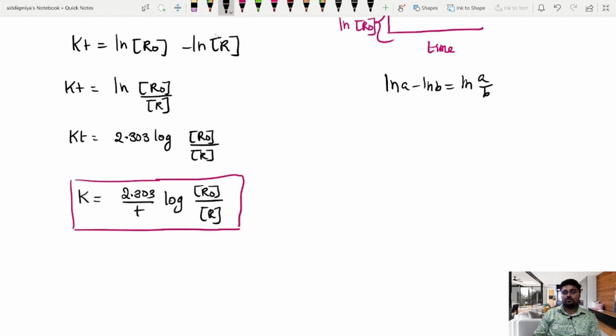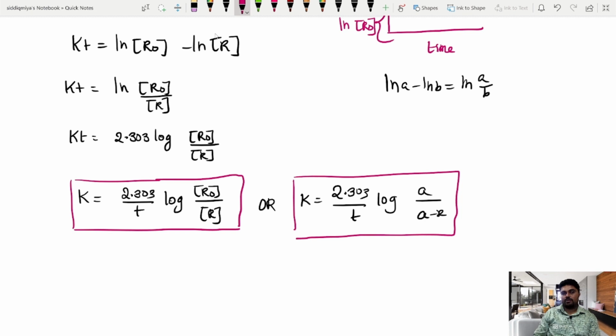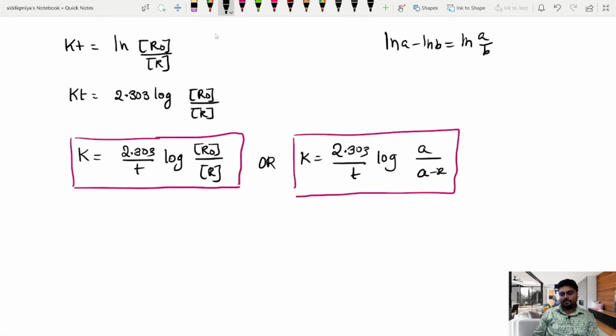This also we can write like this: k is equal to 2.303 by t log a by a minus x, that is, initial concentration by final concentration. This is also the same. Here R naught, that is a, means the initial concentration of reactants.